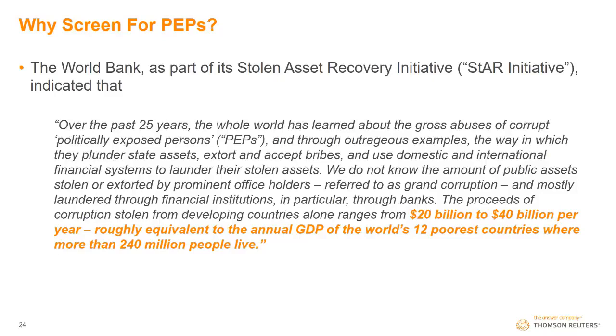Over the past, I think it's 20 years or 10 years, here it is, 25 years, pardon me, 20 billion to 40 billion per year has been laundered and involved in PEP fraud and just ill-gotten gains, stolen assets, and basically bribery, corruption, insider trading across the 12 poorest countries in the world. So again, this is something that at the World Bank level, never mind our North American regulators, they've highlighted as an issue.